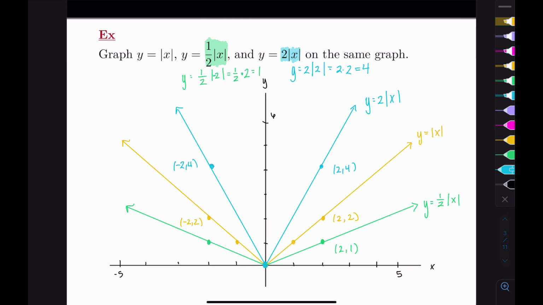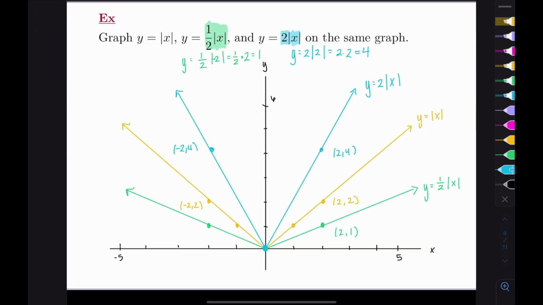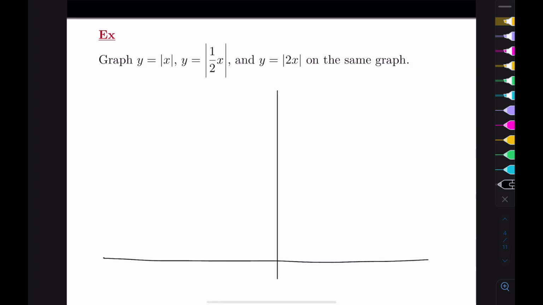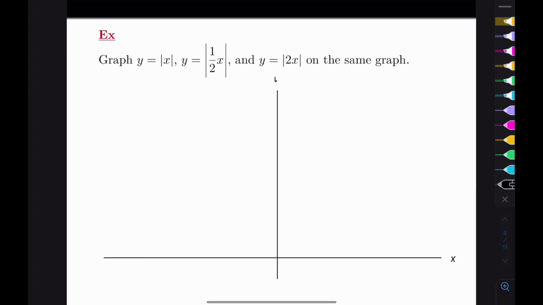So again, it doesn't impact a ton, it just impacts how thick or thin this thing is. So let's try now instead putting that 1/2 on the inside, directly attaching it to the x value. In this case, what I want to actually do is not quite the same as the last one.